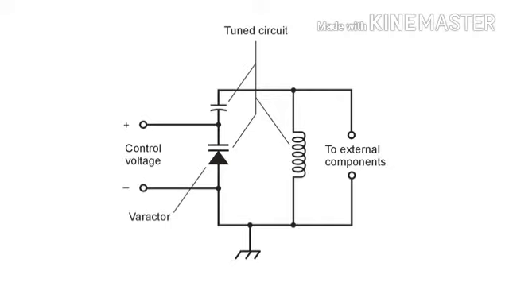Oftentimes in ham radio you'll want to make a tuned circuit using an inductor and a capacitor in parallel, but you may not have a convenient means of using a variable capacitor in the conventional sense, the kind with the meshed plates and all of that.